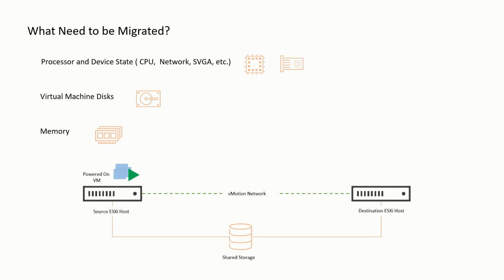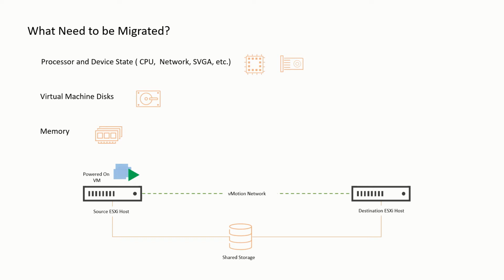In other words, whatever storage that VM is relying upon needs to be accessible by both source and destination host. What the vMotion process does is release the ownership of that VMDK on the source host and open the same VMDK on the destination host, and the storage transfer is done.